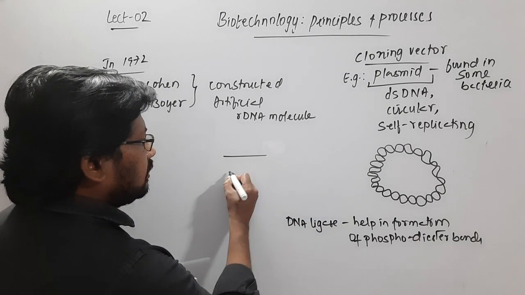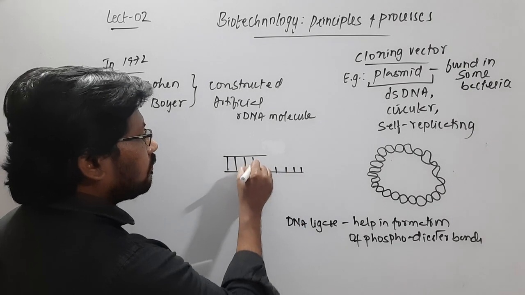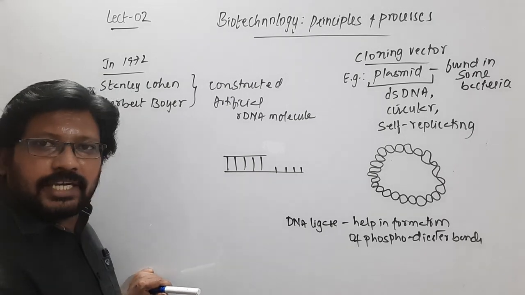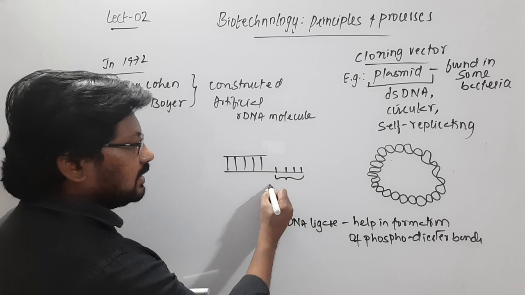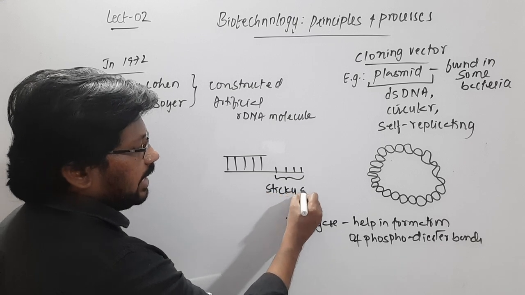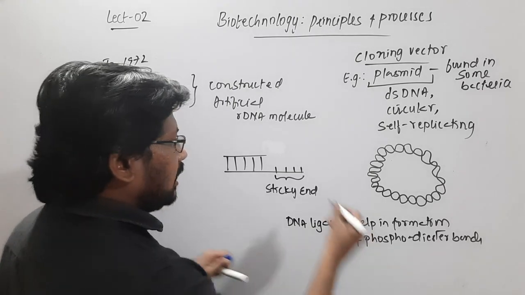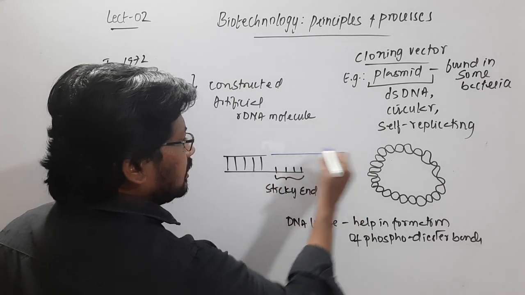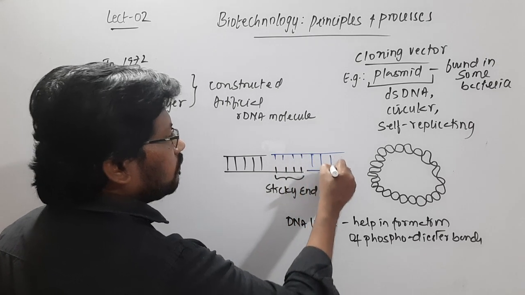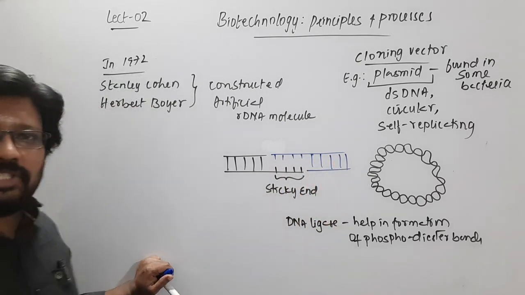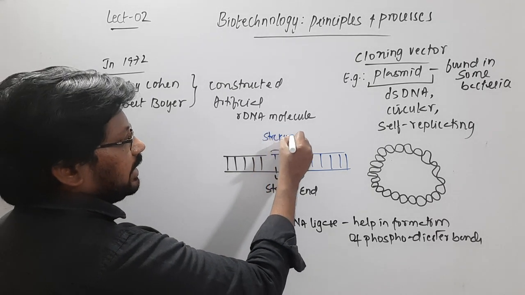Say here I have a fragment of DNA, and it has a sticky end. This portion is the sticky end. Now I'm going to take another one that also has a sticky end.